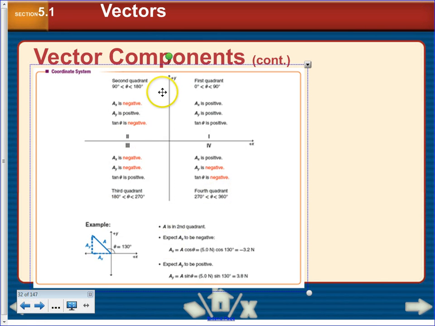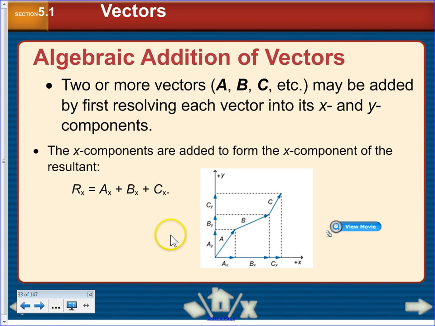All right, and again, this is just a whole coordinate system, kind of a review of when the x is positive or negative. Now, another thing you can do with these vectors is if you want to add more than one vector, you can do that. You just have to take each vector and break it down into its x and y components.